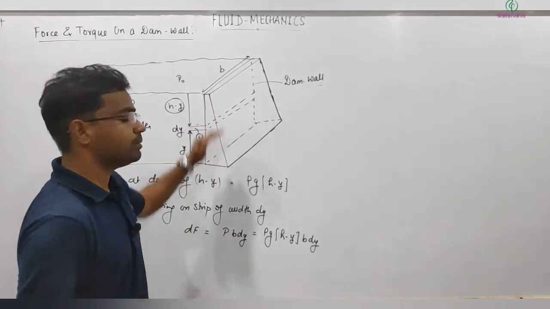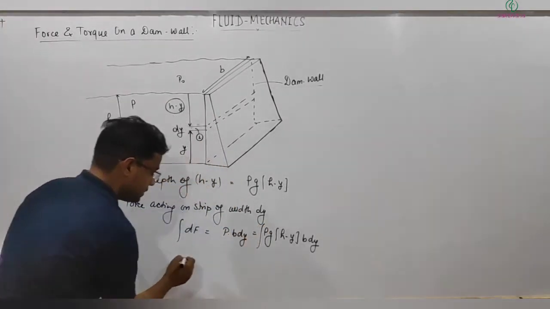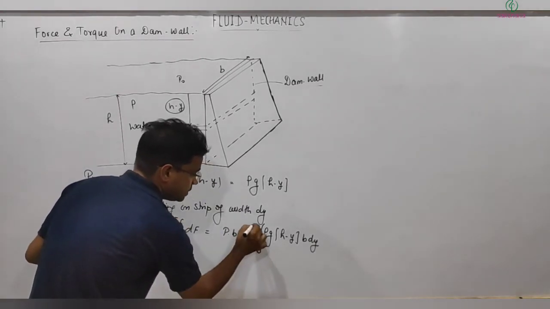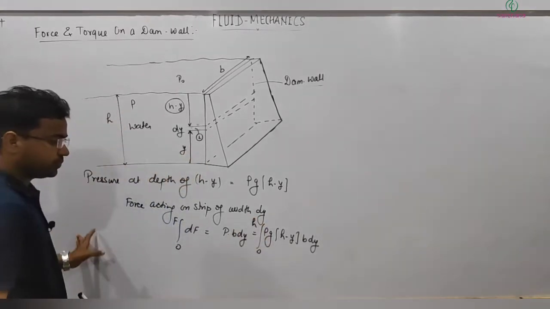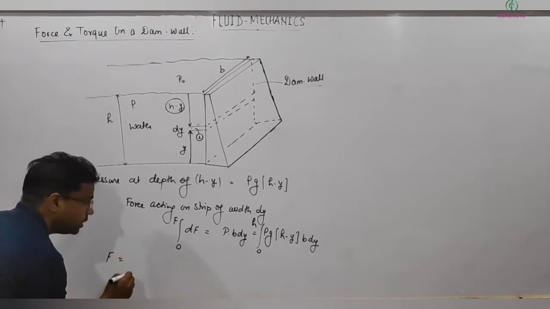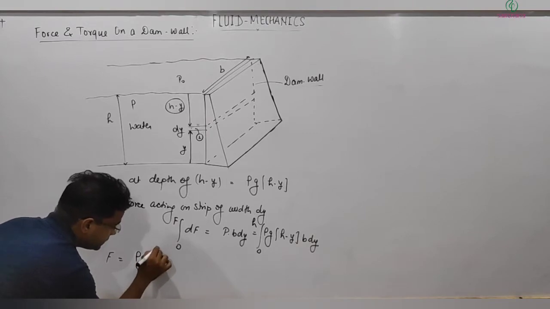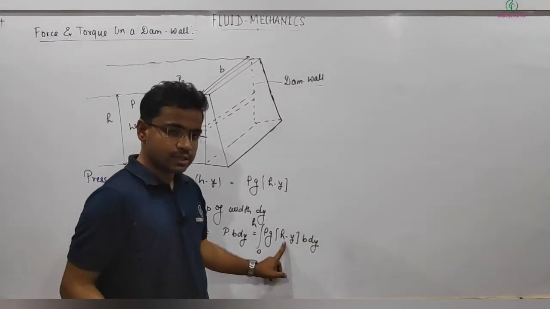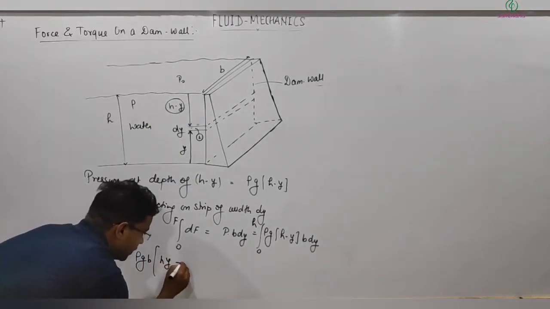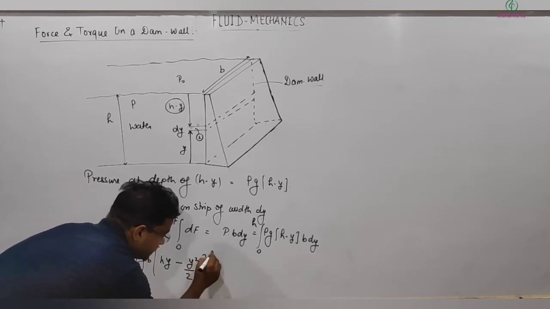Now it is asking for the total force, so I can simply integrate it, with f from 0 to total F, and y from 0 to total h. Let me simplify: rho g b comes out as constant, and h is also constant, so the integration of dy will simply be y. So this is h y minus the integration of y, which is y square by 2, substituting the limits 0 to h.